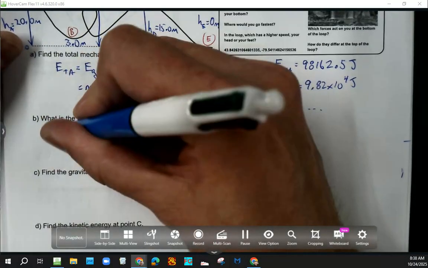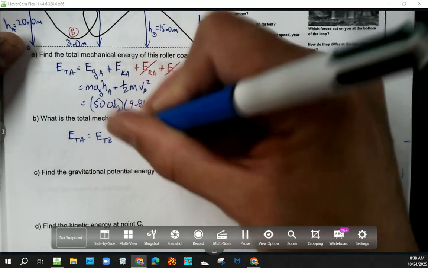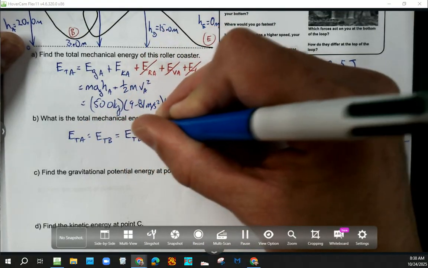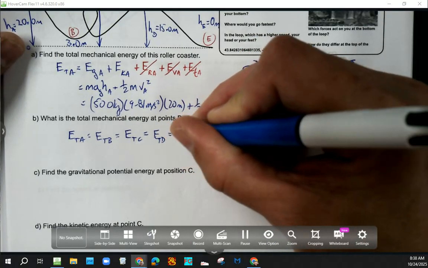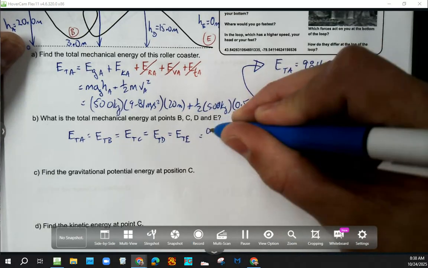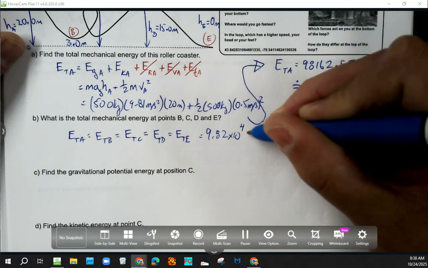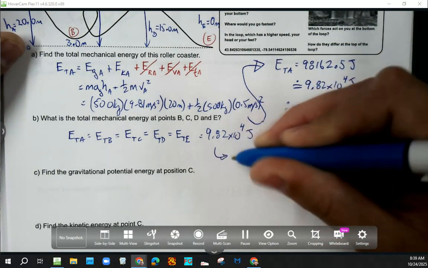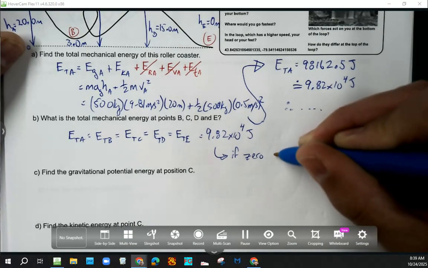So I could say E_TA equals E_TB, and so on, equals what we said before, 9.82 times 10 to the power of 4 joules. But just a reminder, that's only because there's 0 energy loss.